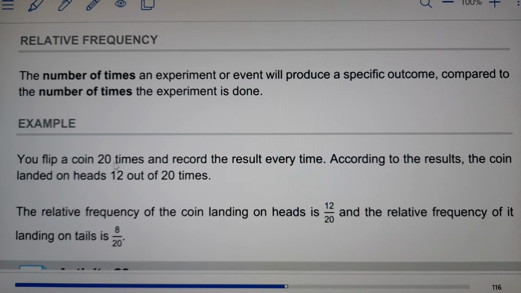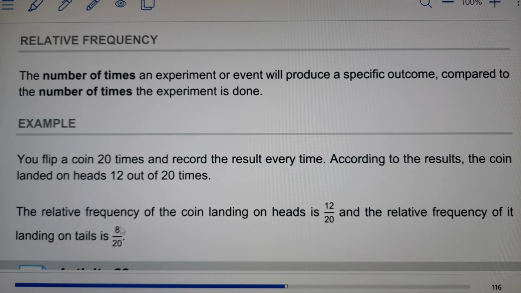If you flip a coin 20 times and record the results every time, according to the results, the coin landed on heads 12 times out of 20. So it means that the relative frequency of a coin landing on heads is 12 over 20, and the relative frequency of it landing on tails is going to be 8 over 20.